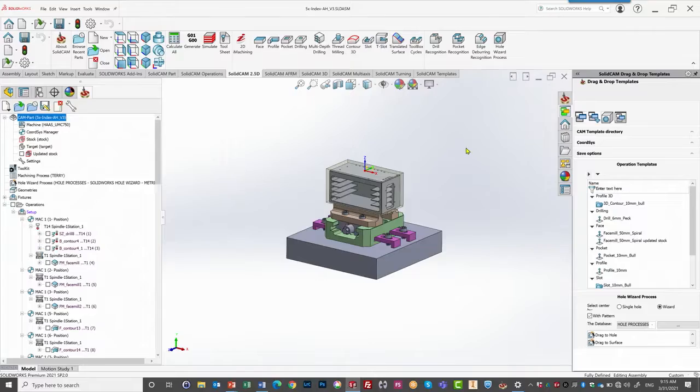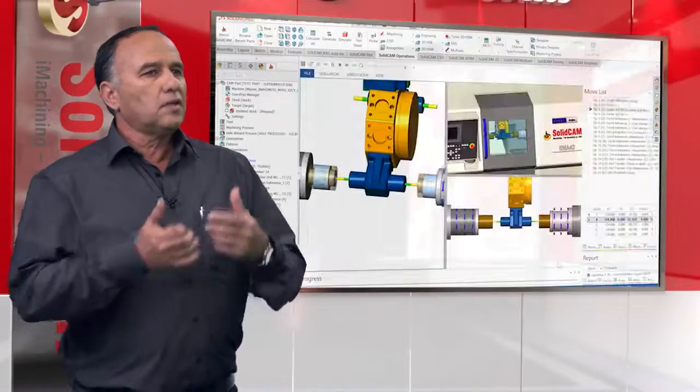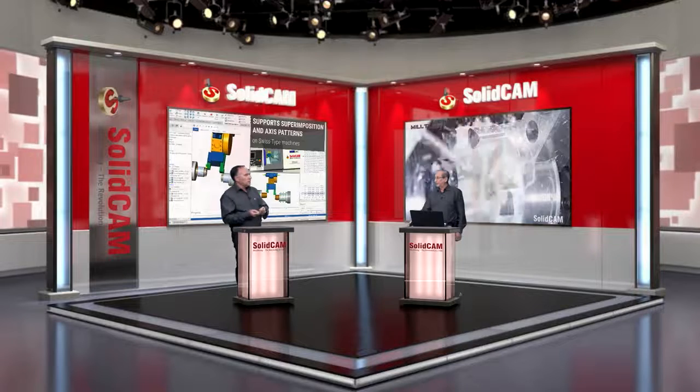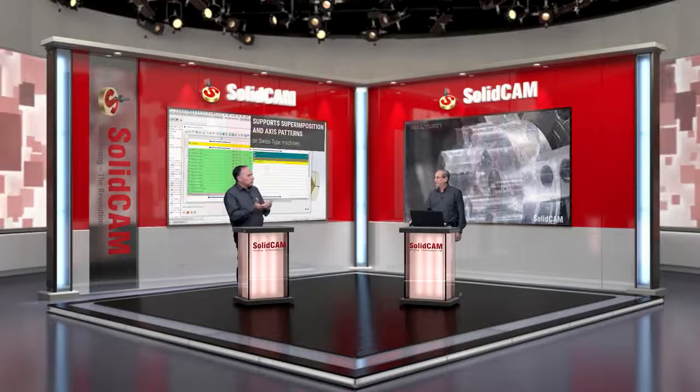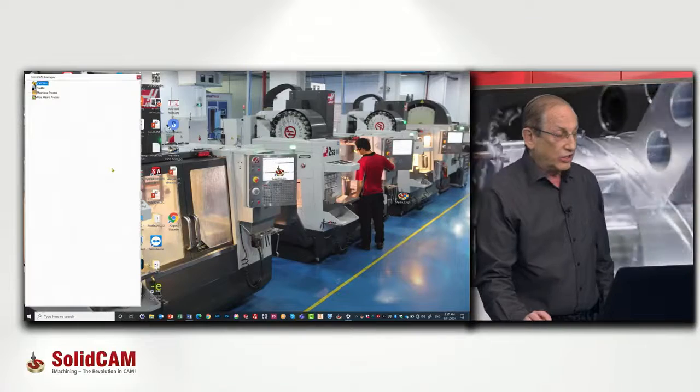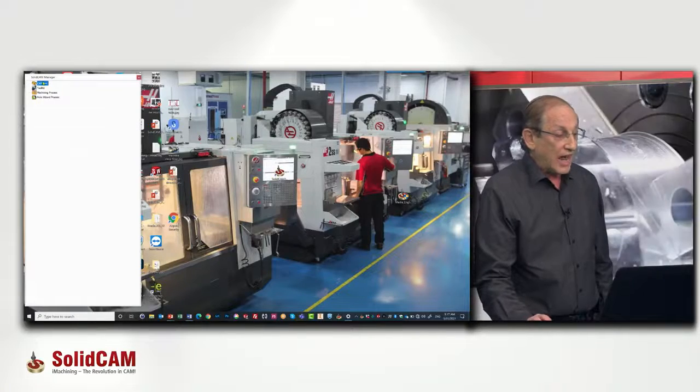Okay, Sidney, now let's imagine you are the setup operator who gets the part from the programmer and uses the shop floor editor. I want to see how it works. Very simple. I'm going to use it right now as a standalone program, and of course, this can also be integrated in both SolidCAM and InventorCAM. I'm going to load the exact same part.